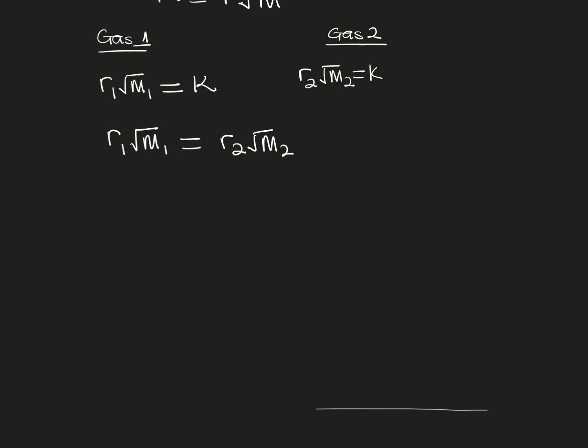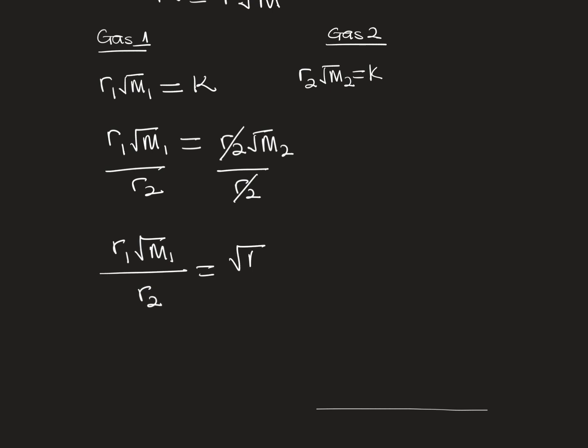Okay, so if I try to bring the R's to one side of the equation, let's say we divide both sides by R2. So this will cancel this. That is, I will have R1 root M1 all over R2. This is equal to root M2.